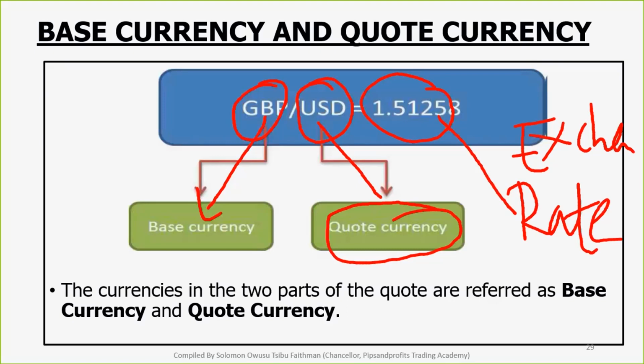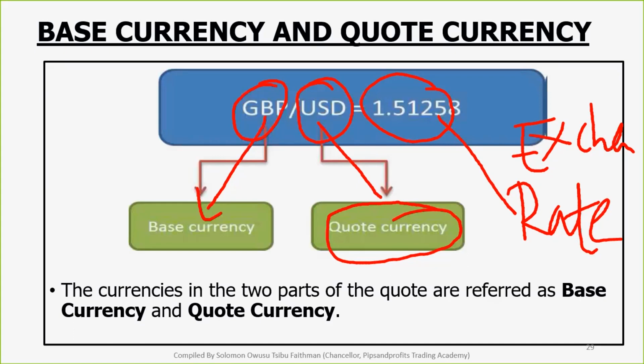Now, what is a base currency and what is a quote currency? When we say a base currency, very simple, a base currency is the first currency in a currency code. Or a base currency is the first currency in any currency pair. Very simple.